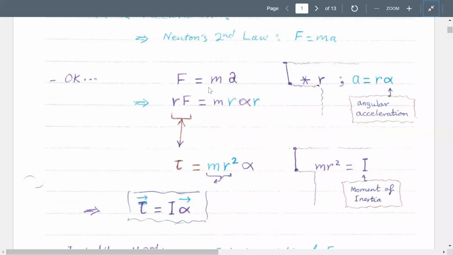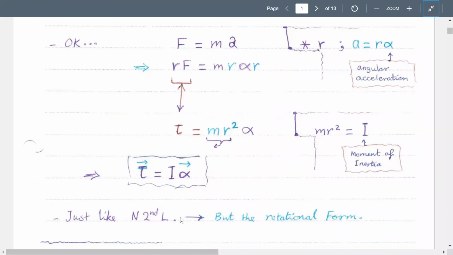Remember that F, the same as the torque. F is the force in linear motion. The torque is the force in angular motion. The mass is the ordinary mass in the linear motion. I is the rotational mass or the rotational effect of the mass. a is the linear acceleration. Alpha is the angular acceleration. It is the same.